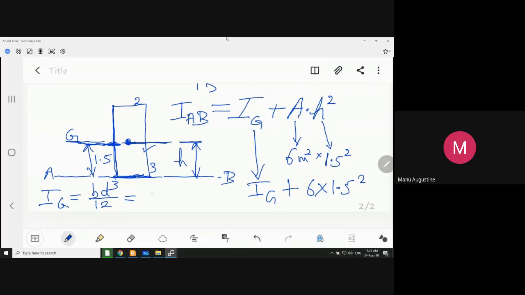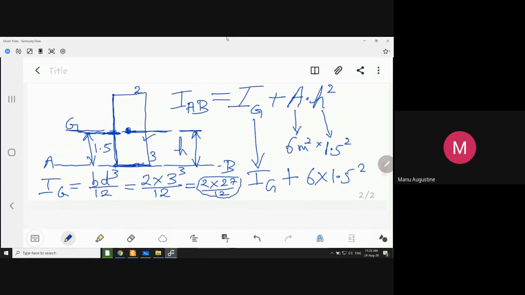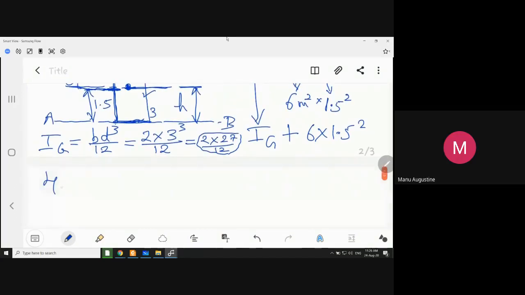So bd cube by 12, I will have to put it like 2 multiplied by 3 cube by 12. So this is my IG. What is the value of this? 2 into 27 upon 12, 4.5. So you get IG equal to 4.5.